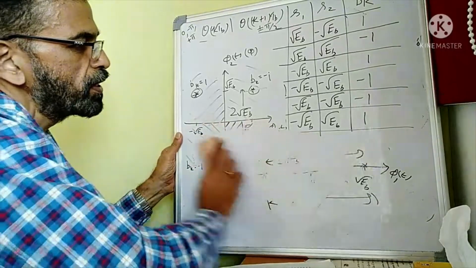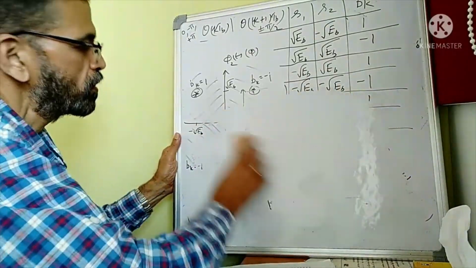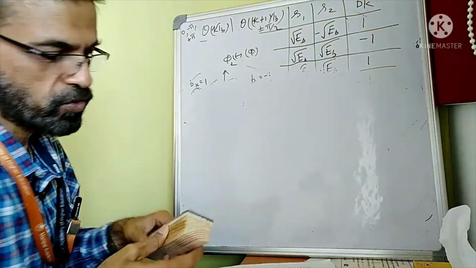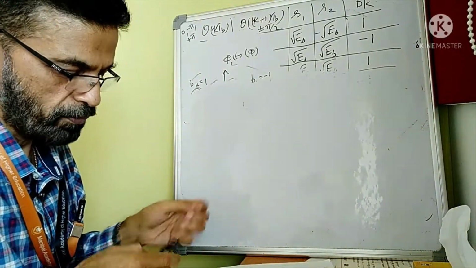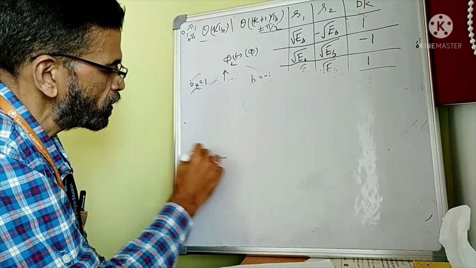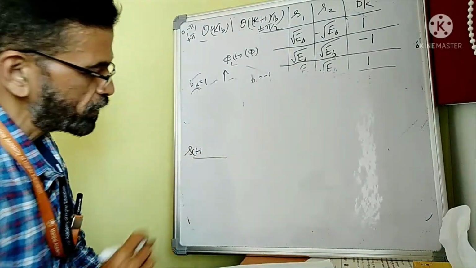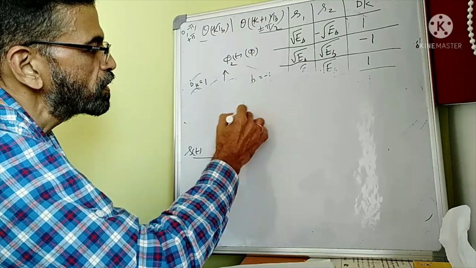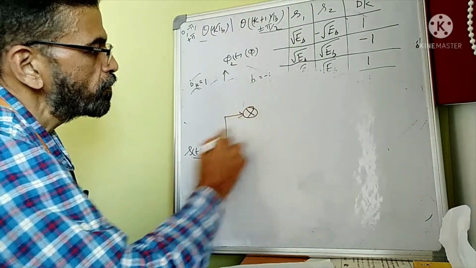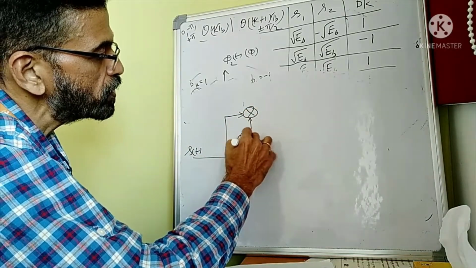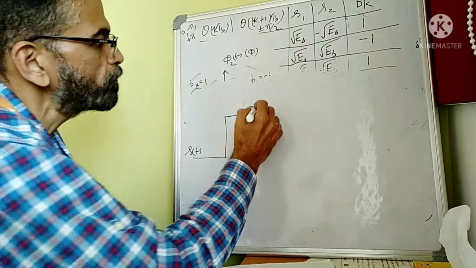Now before I wind up, I will give you the receiver schematics. Receiver schematics we have in fact discussed in words, but I'll still give you the block diagram. Received signal, this is the minimum shift keying receiver. Multiply with phi 1t, I have told what is phi 1t.